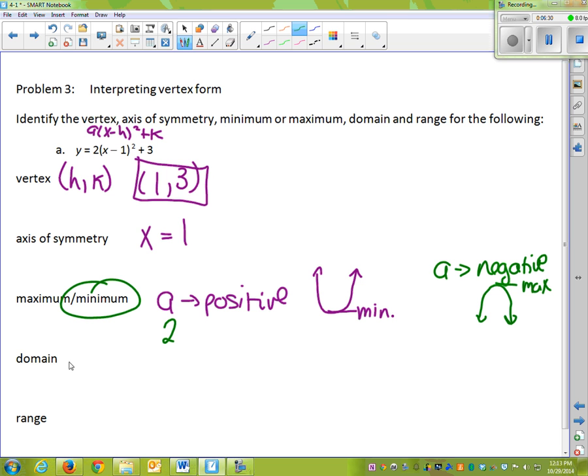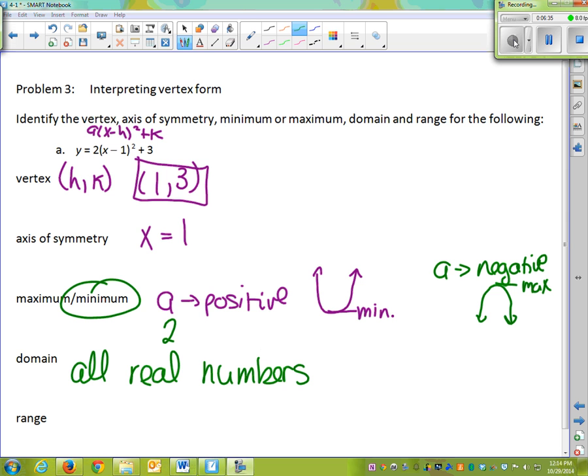The domain of parabolas is all real numbers. Remember that domain are the x values that you're looking at. The range are the y values that we're looking at. So the range in this case is not all real numbers.